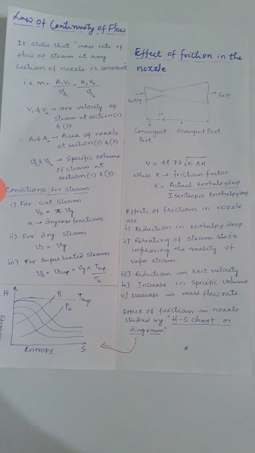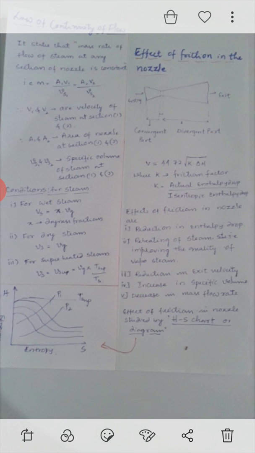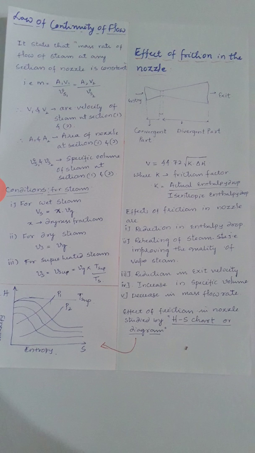For dry steam, Vs equal to Vg, and for superheated steam the specific volume becomes Vg into superheated temperature divided by saturated temperature. So this is about the law of continuity equation. And the next part is the effect of friction in the nozzle.